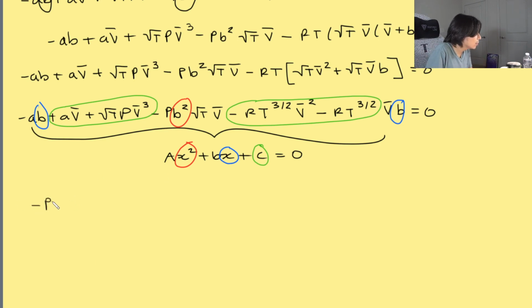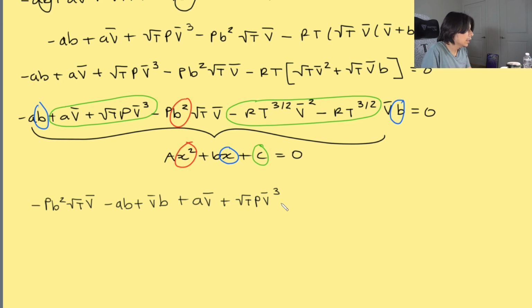We start with negative p b squared square root of t v bar, and then minus ab plus v bar b, and then plus a v bar, and then plus square root of t p v bar cubed, and then minus r t to the 3 halves v bar squared minus r t to the 3 halves.